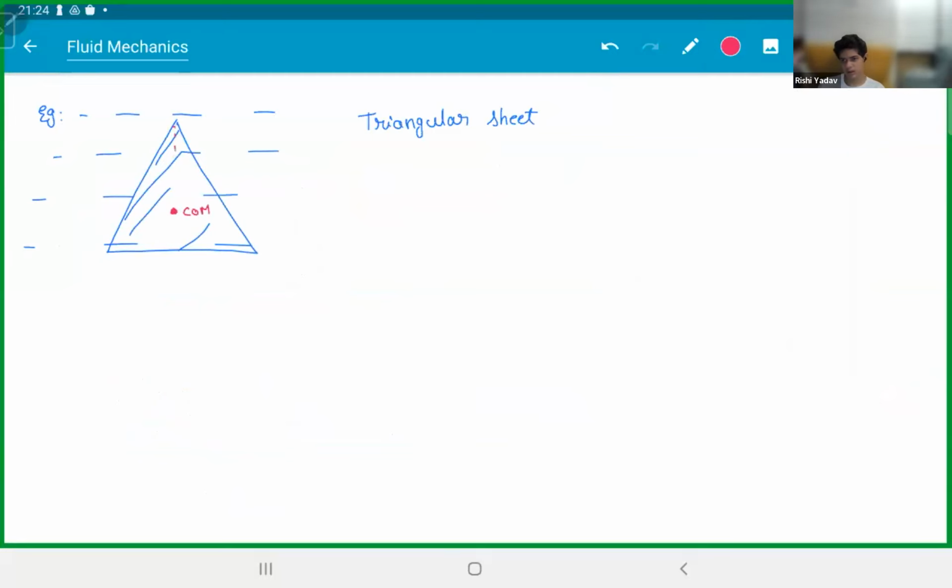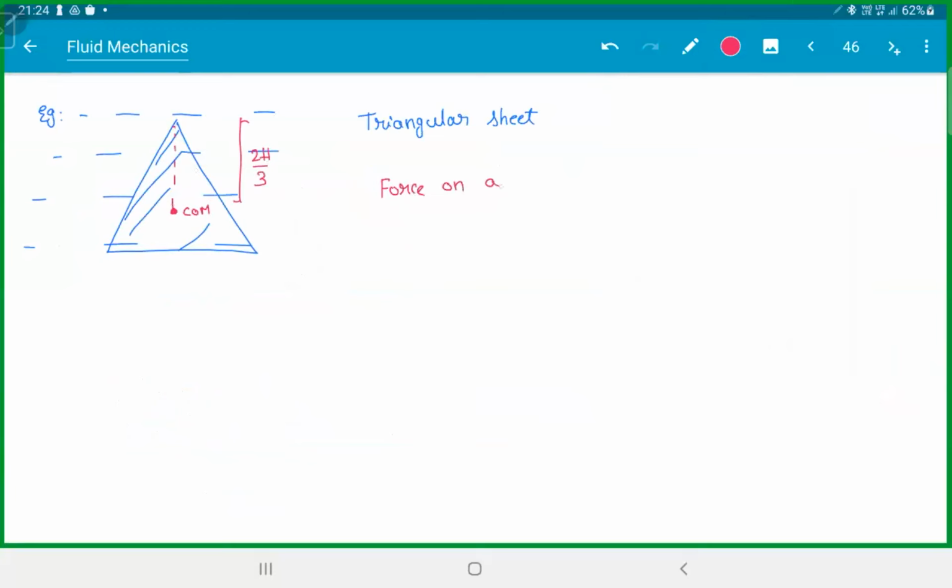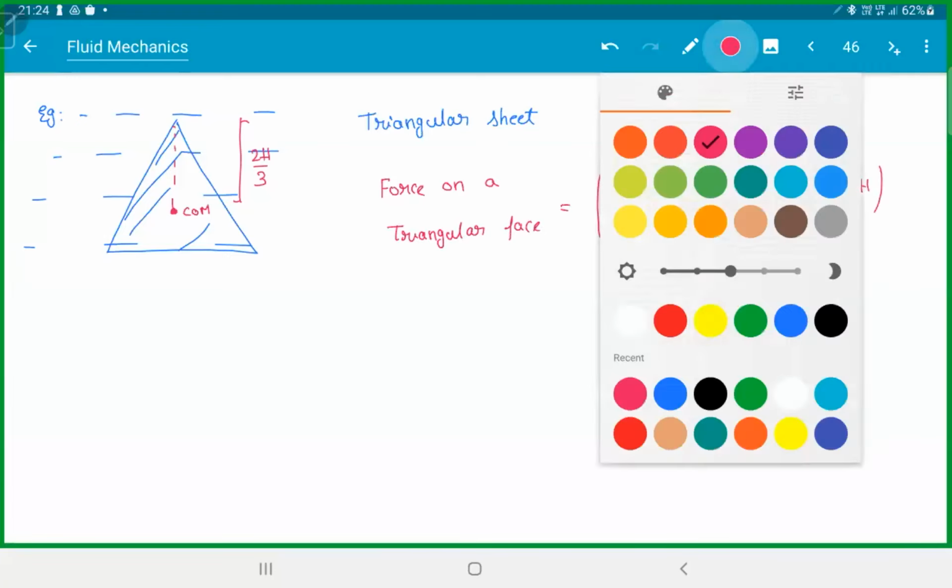It divides in the ratio, so it is 2h by 3. So the force on a triangular face will be P naught plus rho g into 2h by 3, into half into the base, into height. That will be the force.